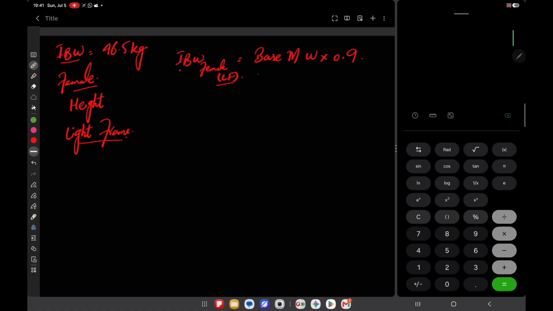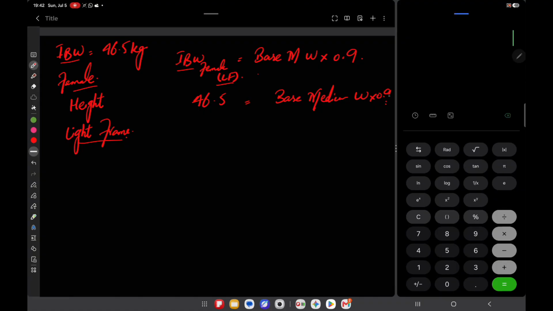We know the ideal body weight, that is 46.5, equals base medium weight multiplied by 0.9.